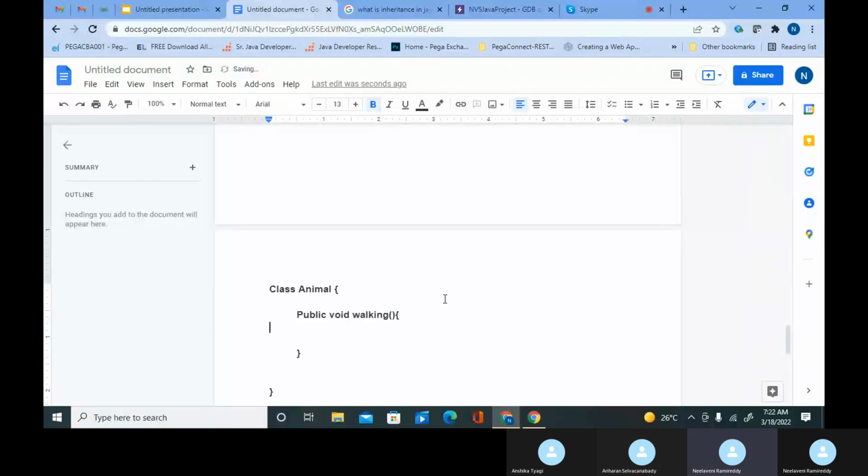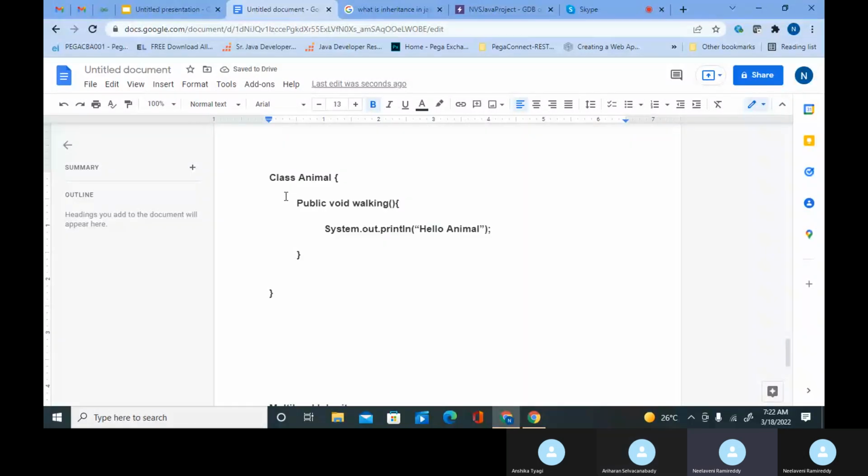In this method I have System.out.println("hello animal"). So this is my class, my parent class. Animal has a walking method, so I'm printing "hello animal" in this method.